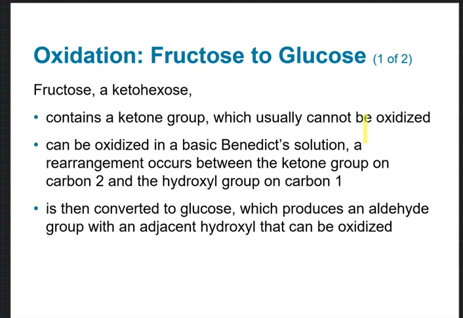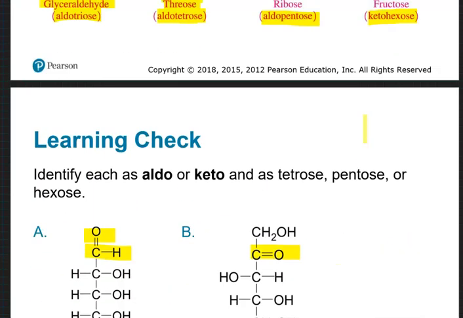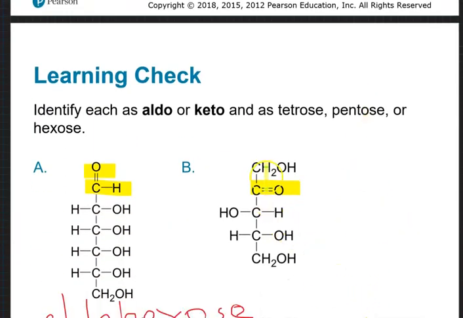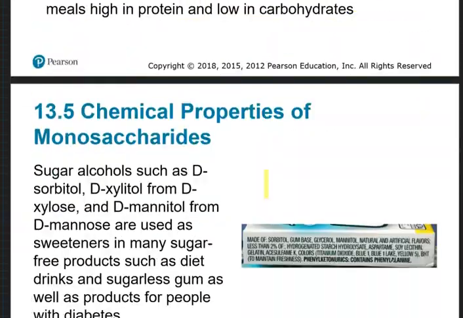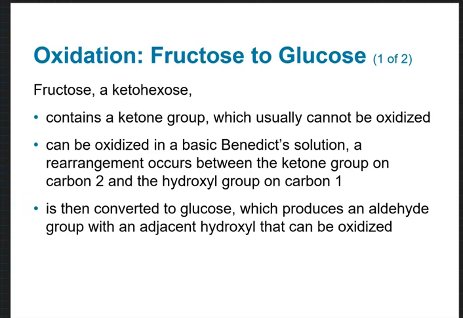Now, fructose is a ketohexose. It contains a keto group. If you look at a keto group here, usually it's not oxidized. It can't be oxidized because it is connected to two carbons rather than to a carbon and a hydrogen. However, in fructose, the keto group is located at carbon 2.